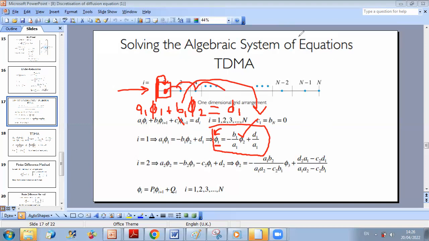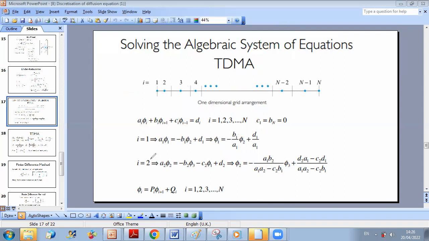Okay. Now, if I consider any other cell, I don't have a boundary condition, so I have to apply this formula: Ai phi i plus Bi phi i plus 1 plus Ci phi i minus 1 equals Di.